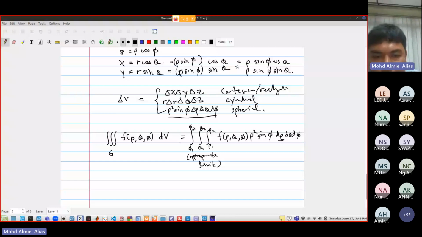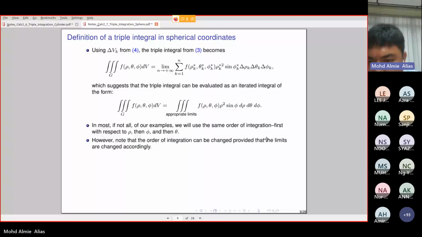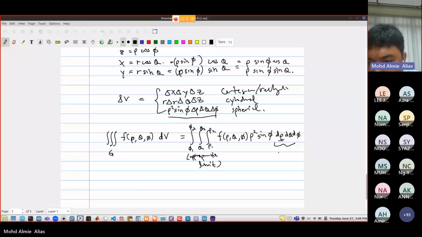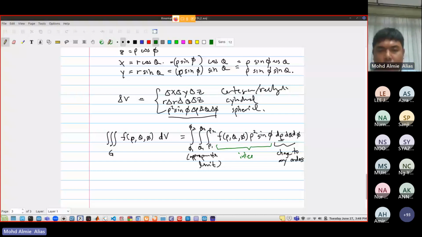You can also change to any appropriate order. Here, rho squared sine phi is part of your integral, so you now have an extra term for your integration.